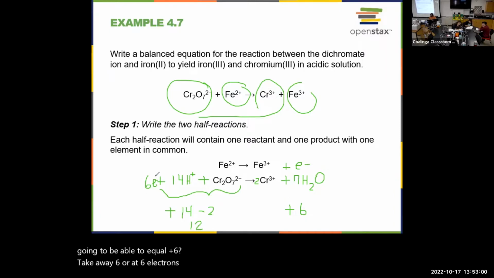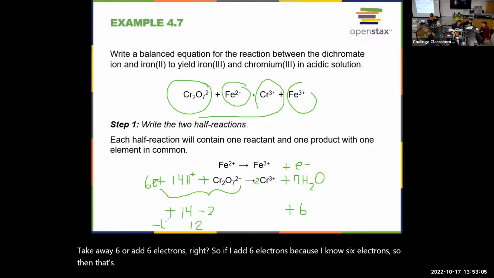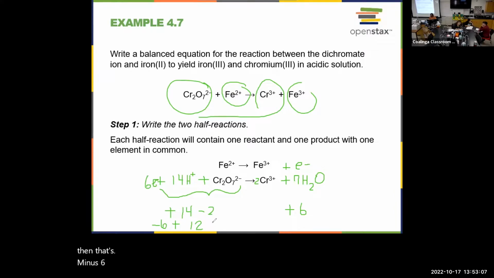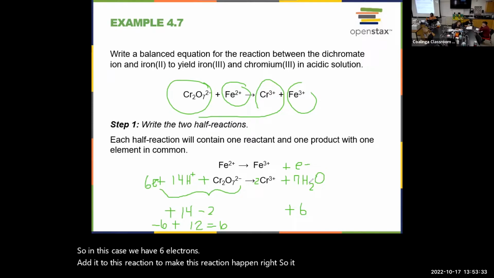So if I add 6 electrons, that's minus 6 plus 12, that equals 6, right? Does it matter which side? It does, because the electrons have to be on the side that you're trying to, because it's negative. Electrons are negative. Exactly. So in this case, we have 6 electrons added to this reaction to make this reaction happen, right? So it has to gain 6 electrons.